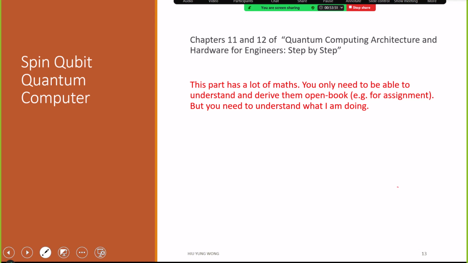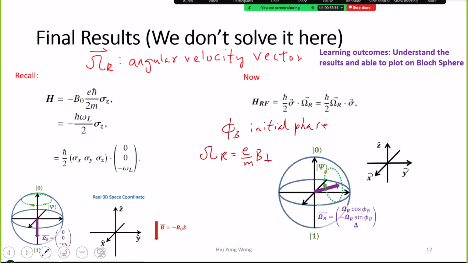Any questions? Yeah, so if the detuning is very high, you see that we really cannot rely on detuning, right? Because you need to make this really high and this very small in order to have a vertical vector. But usually we actually do not need this. We don't need the rotation about z-axis. We just transform the coordinate system when we do the computation.